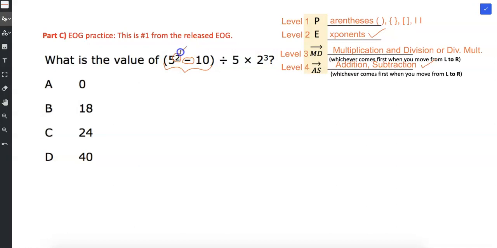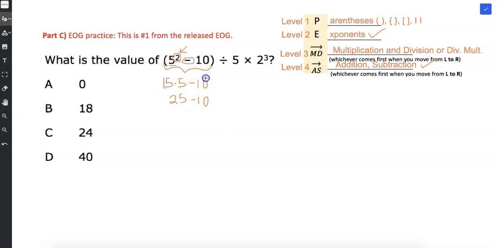Well, this exponent tells me how many times to record the base of 5. So I record 5 2 times, and I put a multiplication sign in between. And then I multiply 5 times 5, and I get 25. And then after I take care of the exponent and get 25, then I can subtract second.